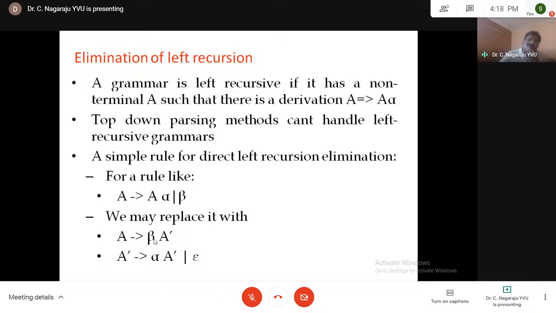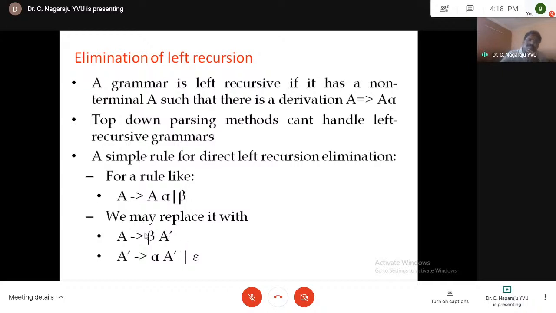A can have the form of beta and alpha. That means we are rewriting this. A can have the form of capital A alpha or beta. The same thing can be rewritten like this. So for eliminating this left recursion, capital A can have the form of beta A'. For this beta we can write A'.